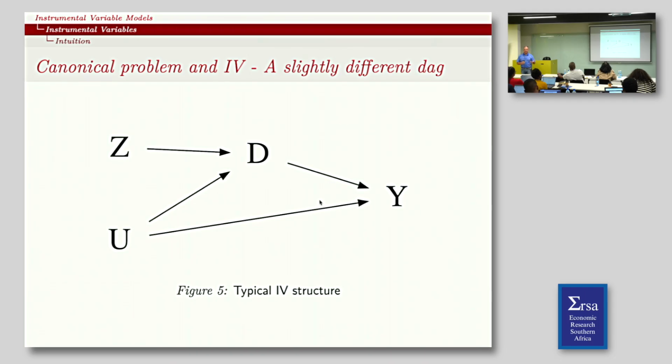If anybody has ever heard the word LATE, local average treatment effect, the whole argument behind it is that the instrumental variable's estimate identifies the outcome that is caused by this chain we were talking about: Z has some influence on D, and because Z influences D, that influences Y. Let me try to say it slightly differently and I'll come back to you.